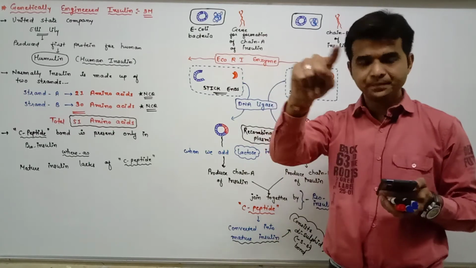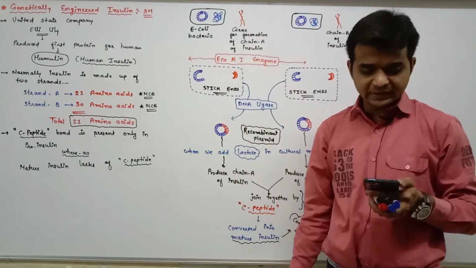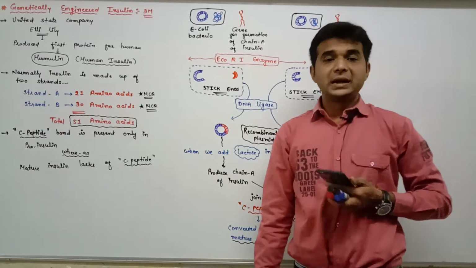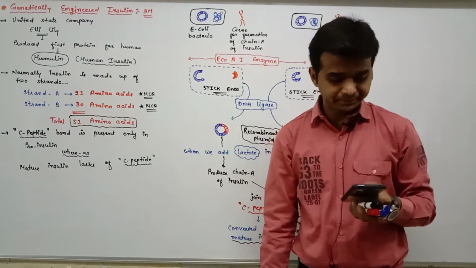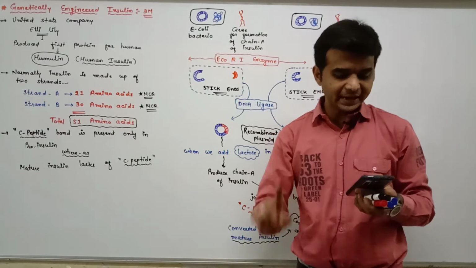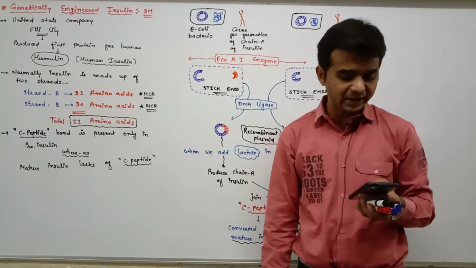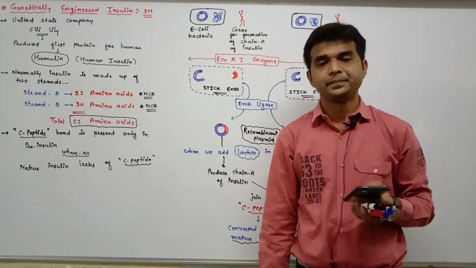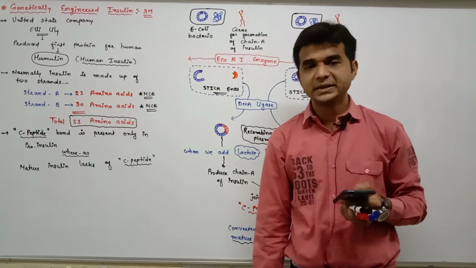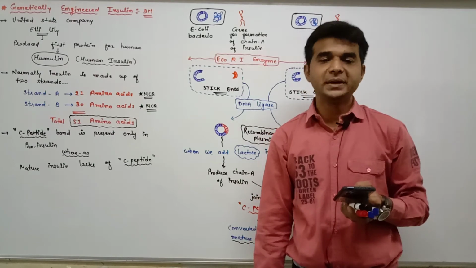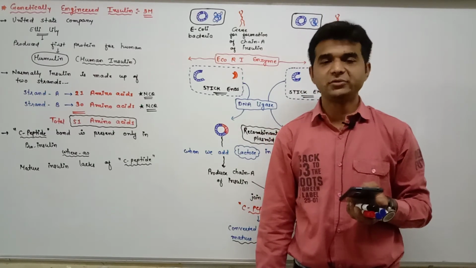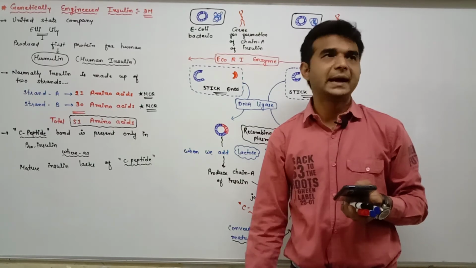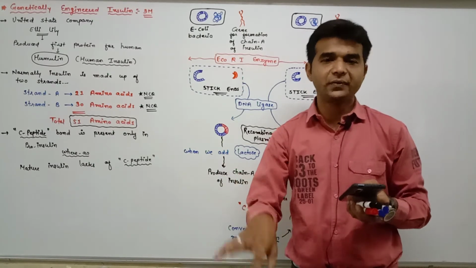See in the diagram, the gray margin that is the C-peptide. Labeling is not given there. C-peptide is not present in mature insulin and is removed during maturation of the insulin. So at maturation, what happened? The C-peptide is removed and the disulfide bond is connected.